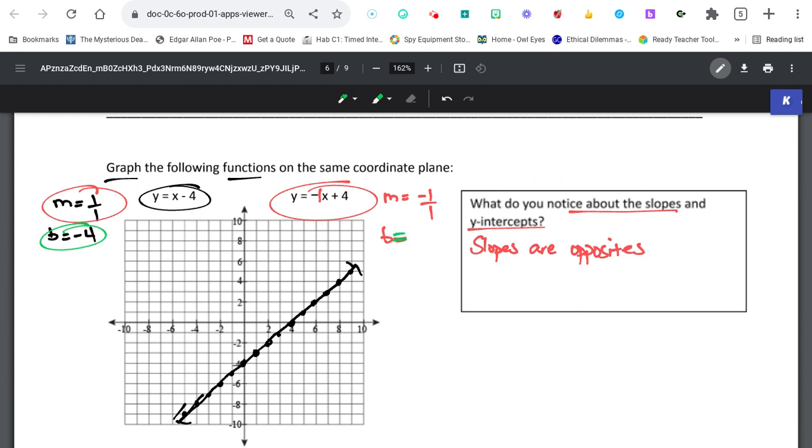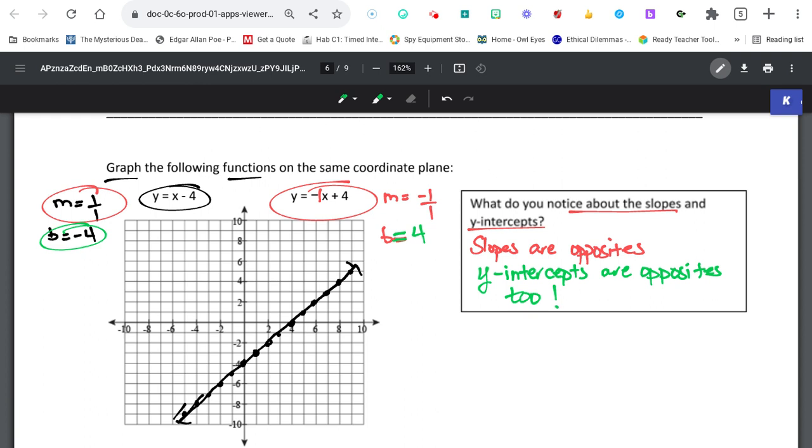Here, this y-intercept is going to be +4. So not only are the slopes opposites, but the y-intercepts are also opposites. Okay, so both of them are opposites.